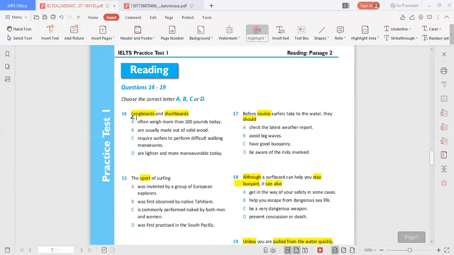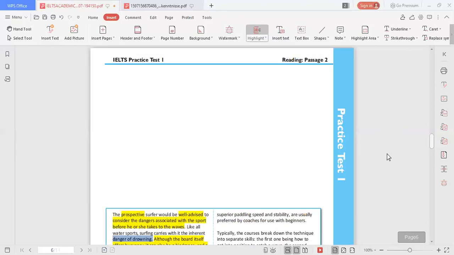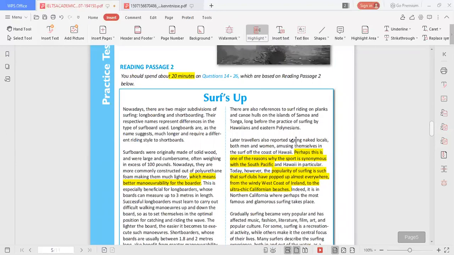So number 14 says, long boards and short boards. So for me, those are keywords. So I go and I read the text until I get to, they're actually here. So there's the word longboarding and then shortboarding, but it's the action, not the actual longboards themselves.